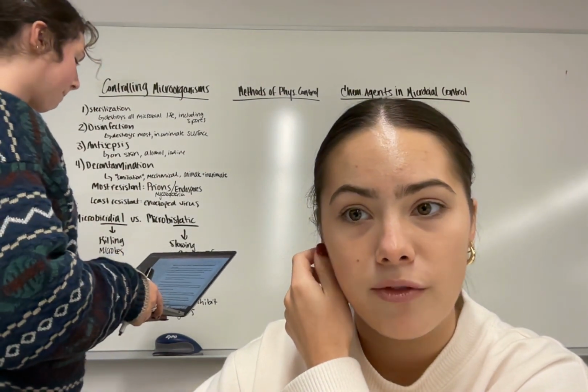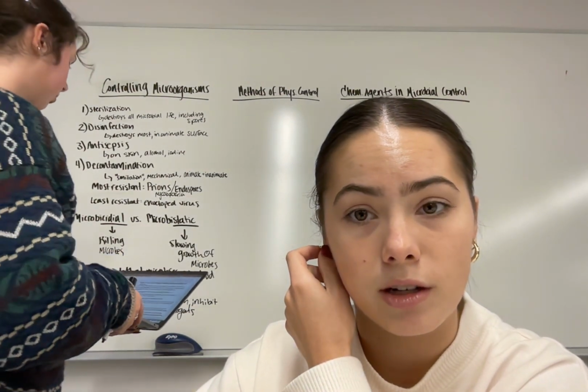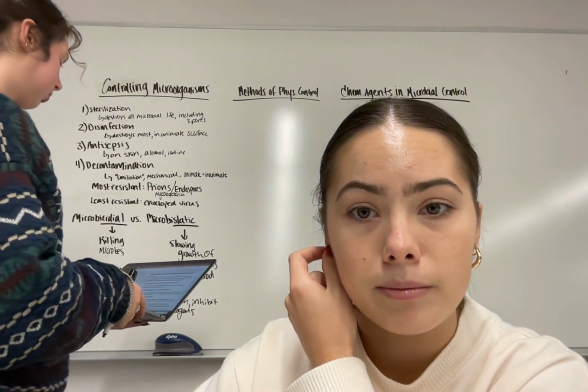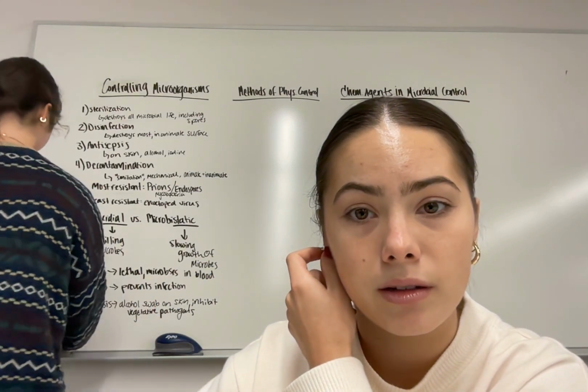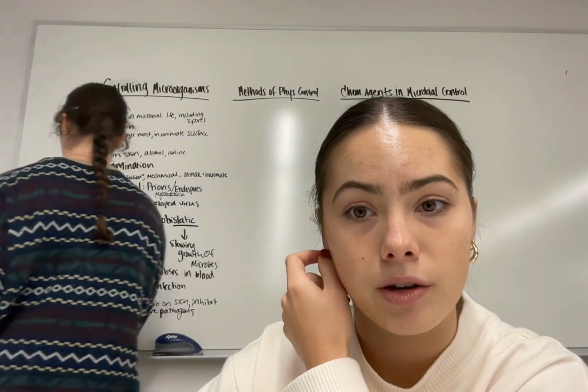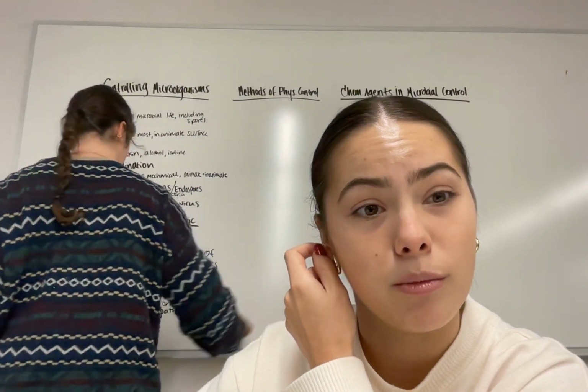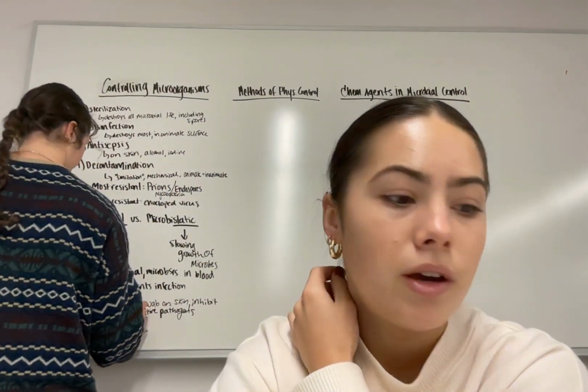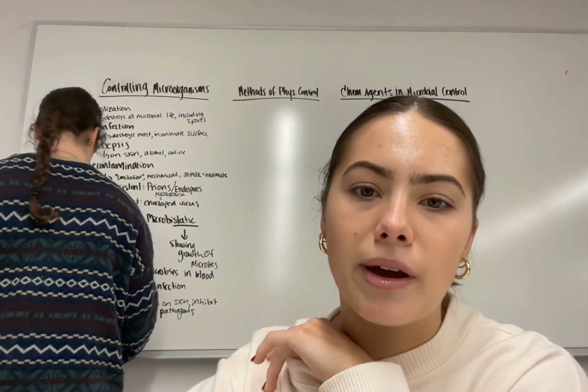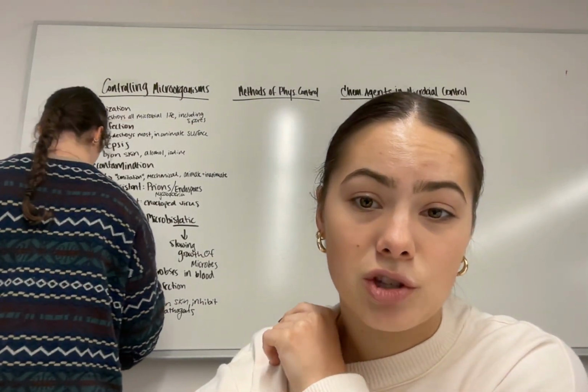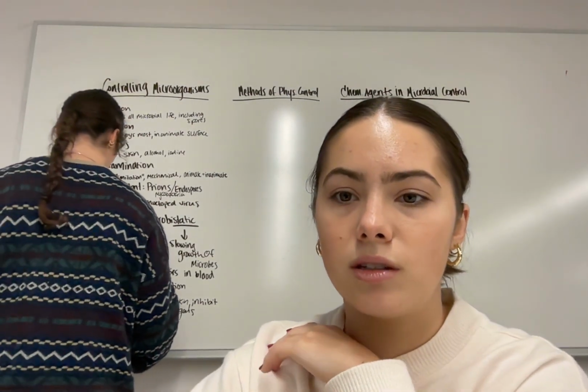Cell membrane, mode of action of surfactants on the cell membrane. So like classic is sodium lauryl sulfate, which is a component of Dawn soap. It has the highest microbicidal action. It's a surfactant.